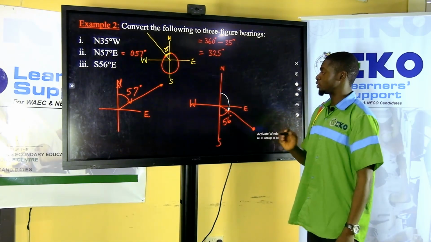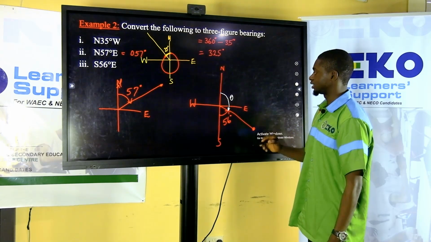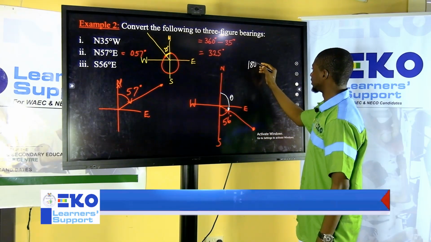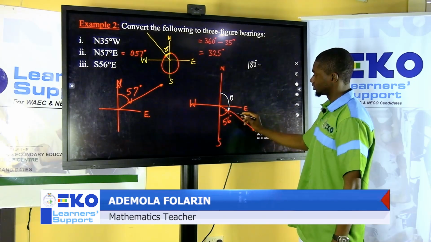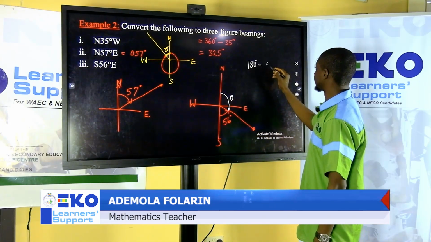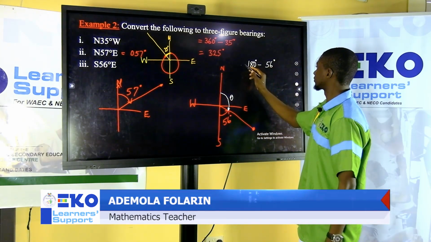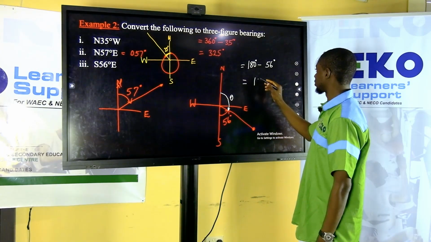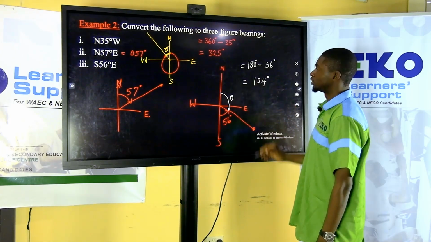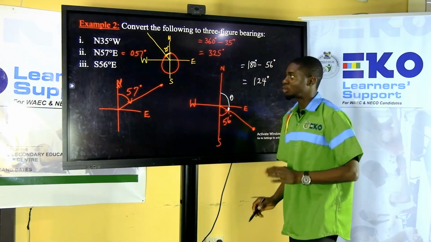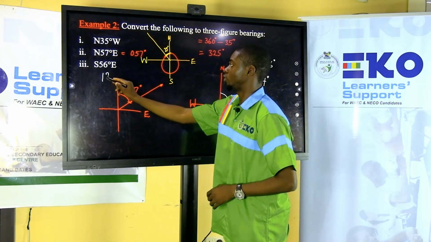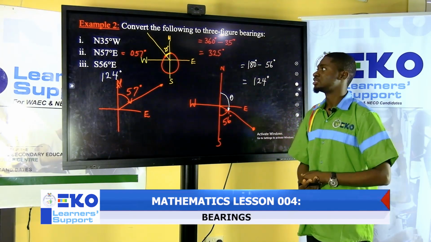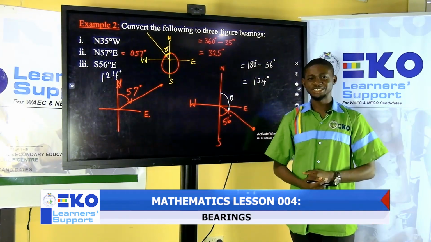To get this angle of concern, it is going to be 180 degrees minus the southeast 56 degrees. So if we try that, that's going to give us 124 degrees. So this can then be called 124 degrees in 3-figure bearing. You find that interesting, right?